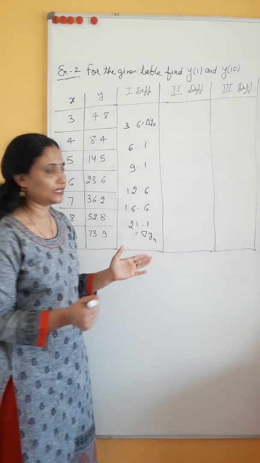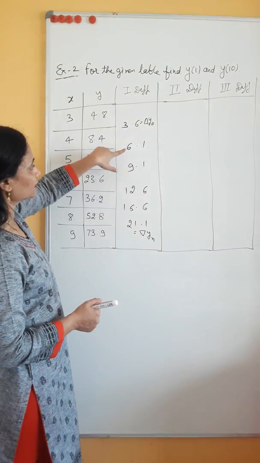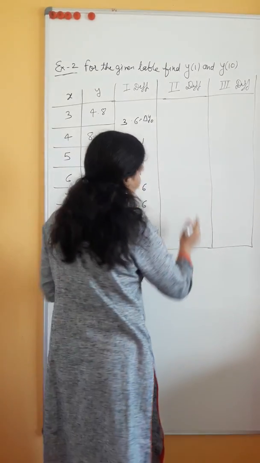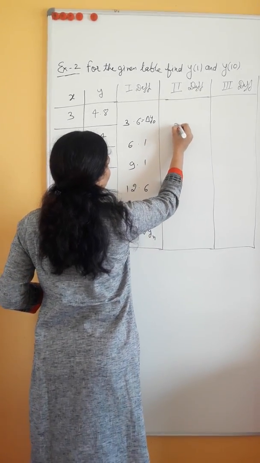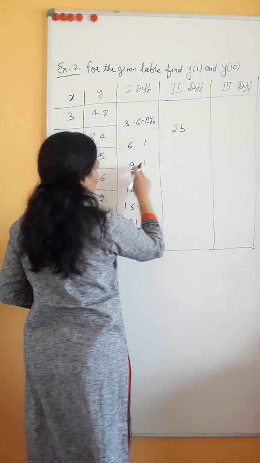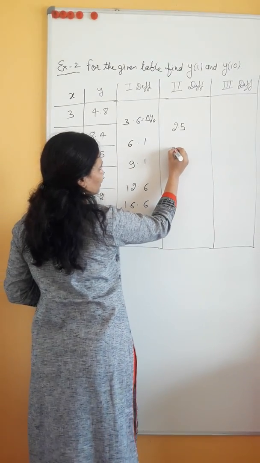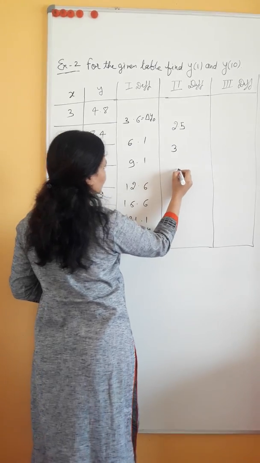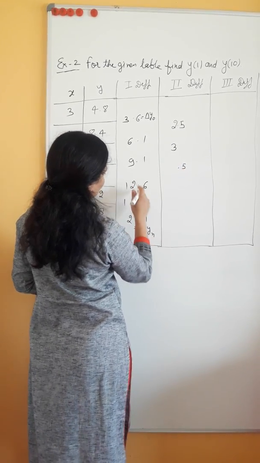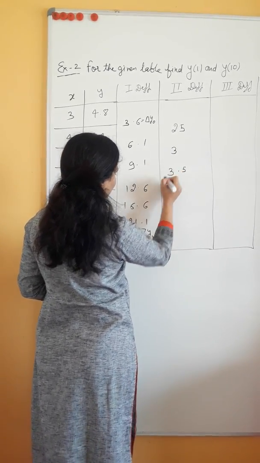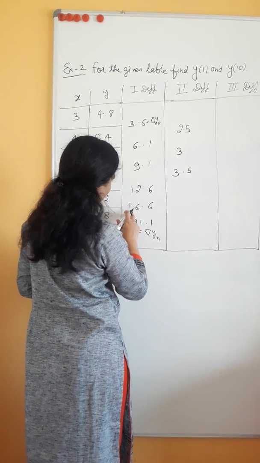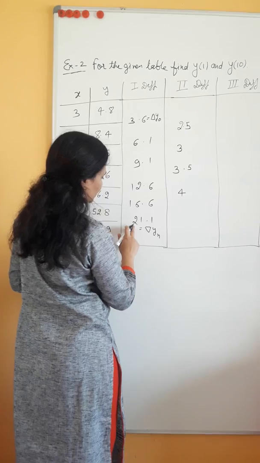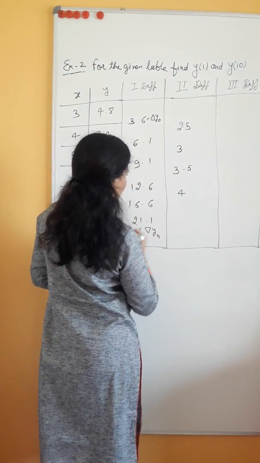But the computation is the same. Now go to the second difference. 6.1 minus 3.6 is 2.5. 9.1 minus 6.1 is 3. 12.6 minus 9.1 is 3.5. 16.6 minus 12.6 is 4. 21.1 minus 16.6 is 4.5.